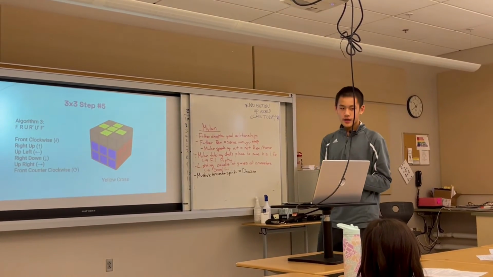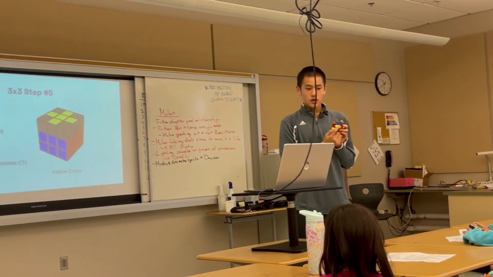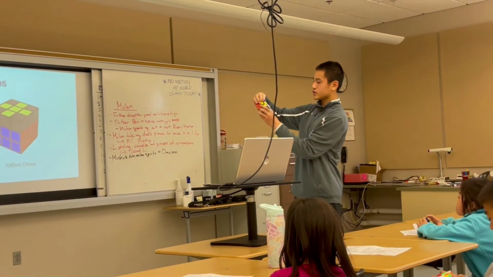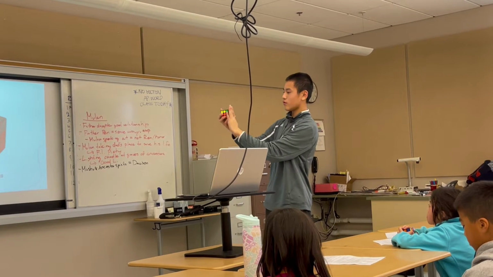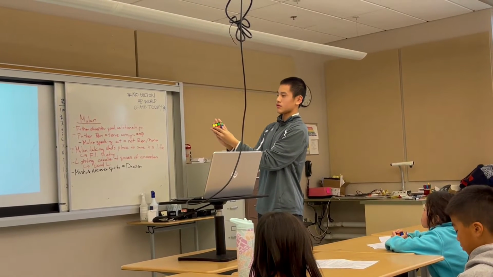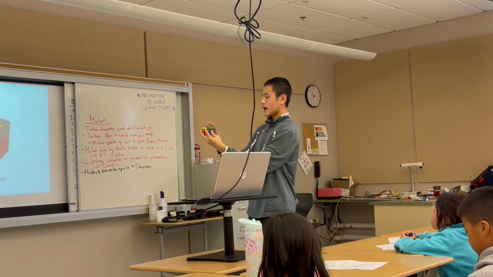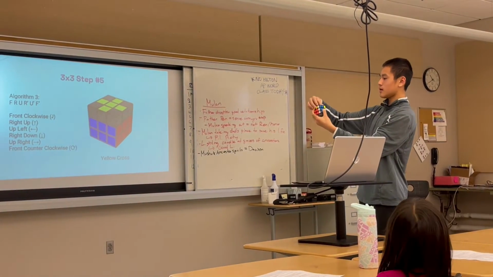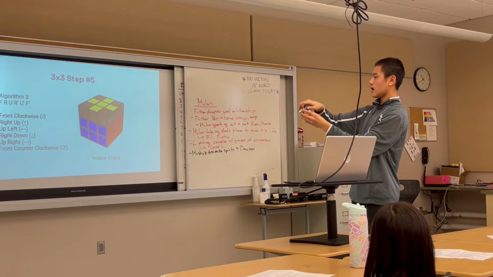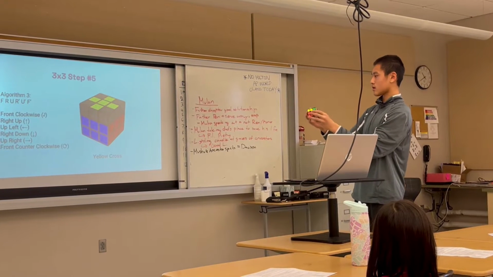And then after that, you should get an L case. When you get an L case, I want you to have one of these yellow edge pieces facing you, and the other one on the right. Now you can do algorithm 3: front clockwise, right up left, right down, up right, and front counterclockwise.